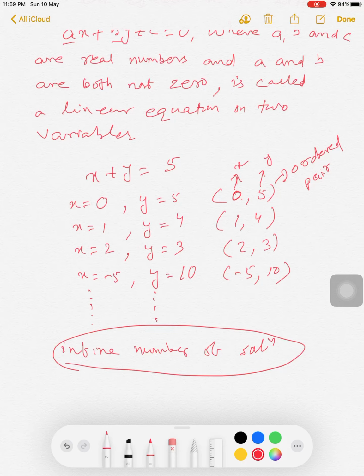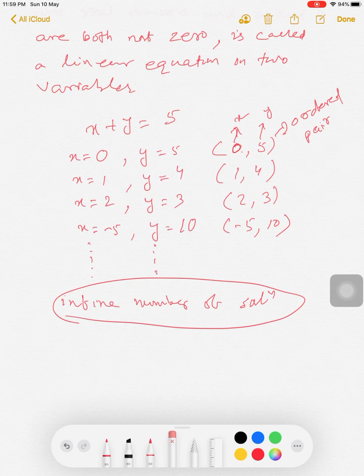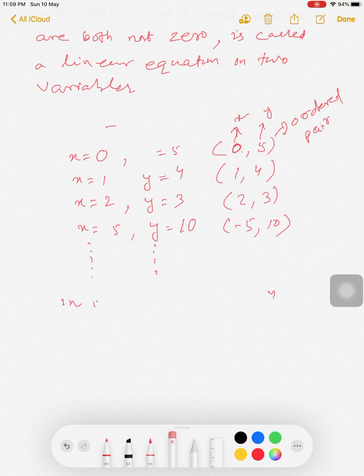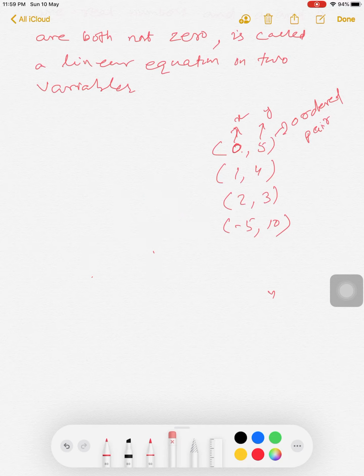Okay. Now how to find the solution of this pair of equations in a graph? Now we shall go for solving a pair of linear equations, and we shall plot graphs to find the solution of a pair of linear equations. Okay, now let us consider another pair of equations. Let us think that we have x plus y equal to 4.